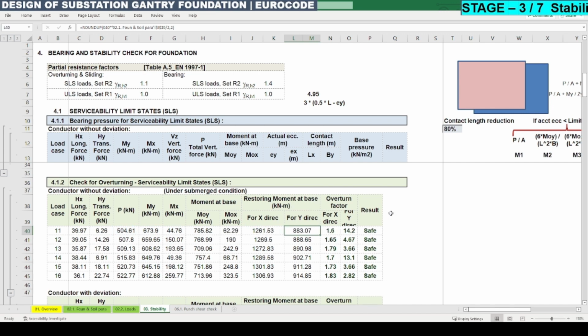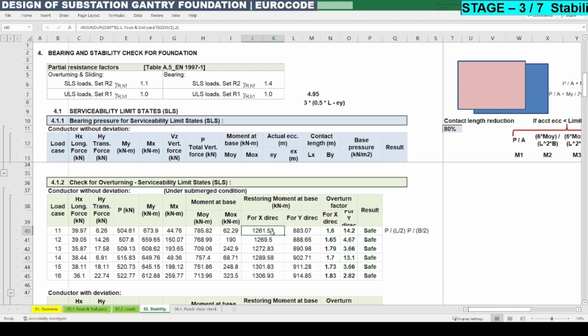So this is nothing but the resisting moment in X, that means P divided by L divided by 2. And similarly for Y direction, this is P divided by B divided by 2. So this is the formula to calculate the restoring moment.